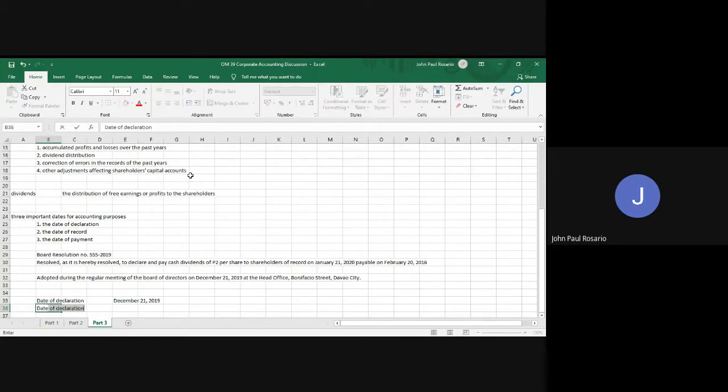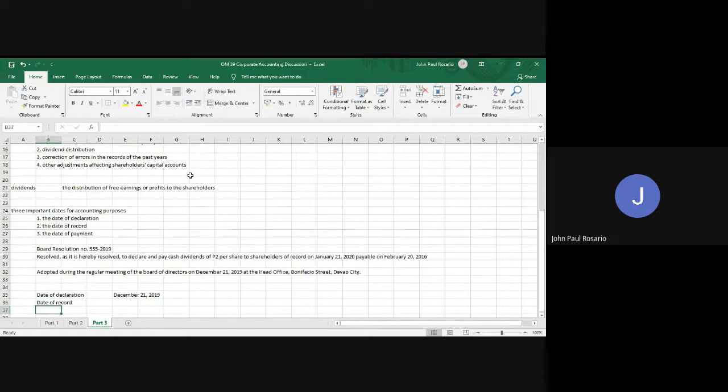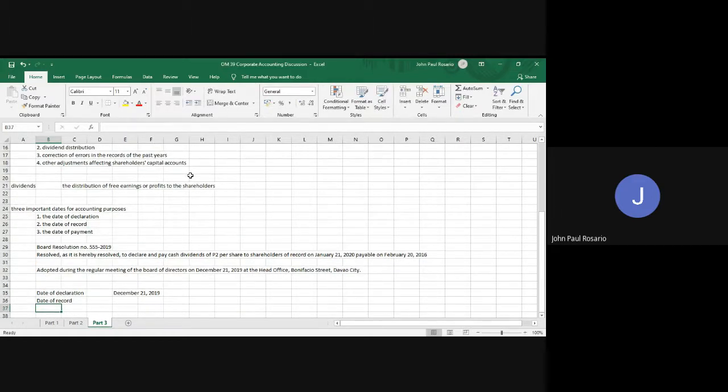And then our date of record is meaning kadili man gud siya necessary guys nga kung kana sa kung kinsa ang mga pangalan or kung kinsa ang mga nakapanag-iya adtong December 31 mo natin maka-receive sa dividends. No. When we say kanang kung kinsa maka-receive sa dividends on the date of declaration, katuni silang mga tao sa date of record.